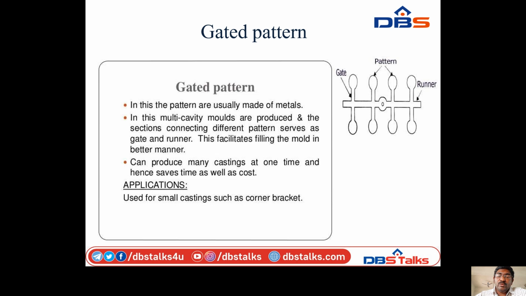This facilitates a uniform gating system and avoids manual preparation of gates in the mold. Many castings can be produced at one time, hence saving time as well as cost. Applications of gated pattern are small castings such as corner brackets.